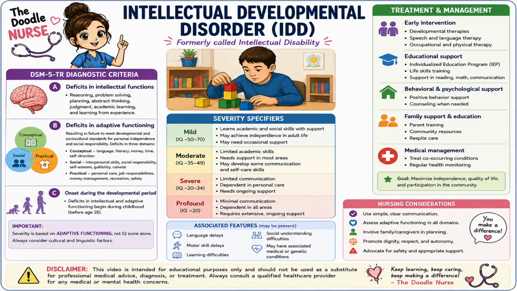Family support is another critical component of treatment. Parents and caregivers often benefit from education, support groups, community resources, and respite care services. Because caregiving can be physically and emotionally demanding, supporting the family ultimately improves the outcomes for the patient.